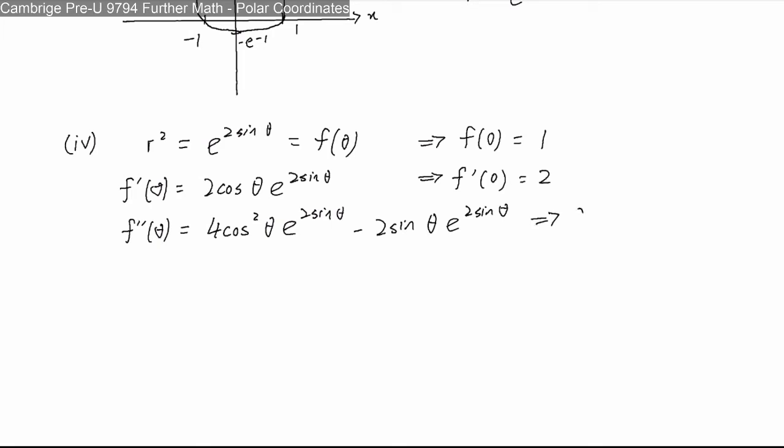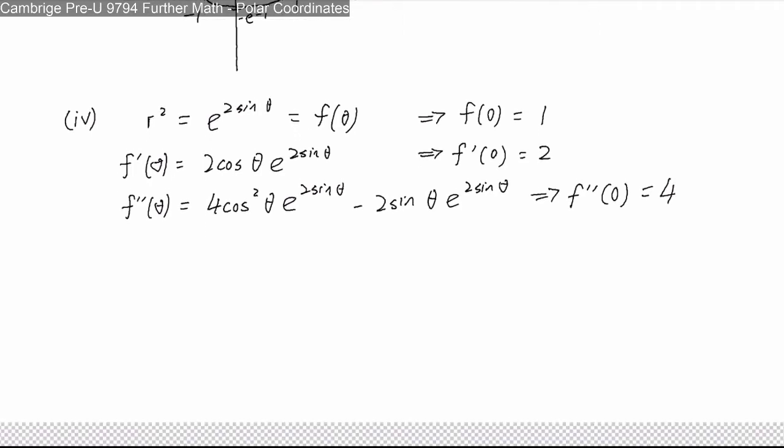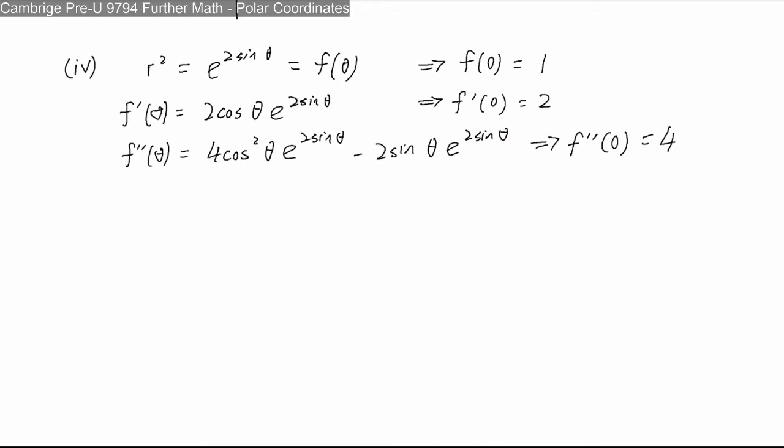Which, when we evaluate this function at theta equals 0, we will get a 4. Okay, so basically what we can do for this r squared is express it by using the Maclaurin series.